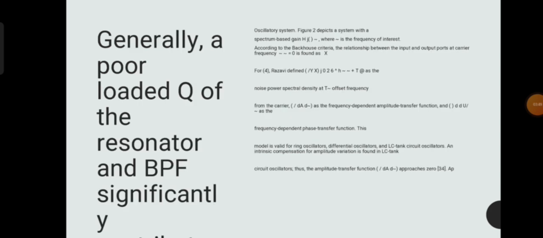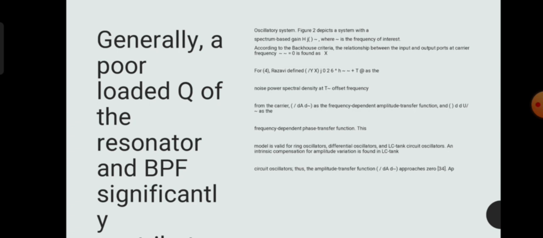VCO design using a model. Generally, a poor loaded Q of the resonator and BPF is significant in an oscillatory system, figure 2, with a spectrum-based gain where is the frequency of interest.